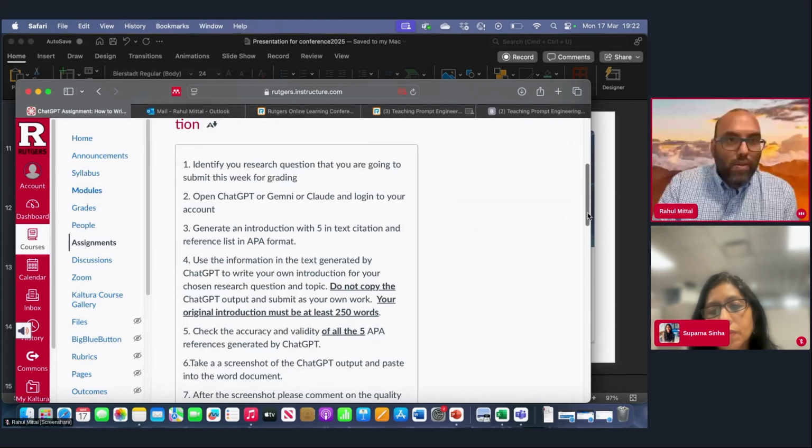But we wanted them to then have a reference point to write their own introduction. And at the same time, they had to upload the outputs, so we had full sight of what they had used as their scaffold.